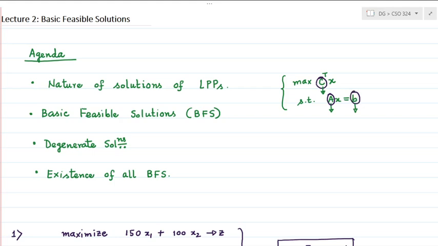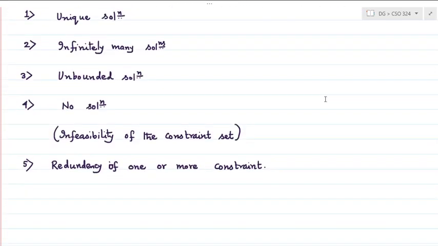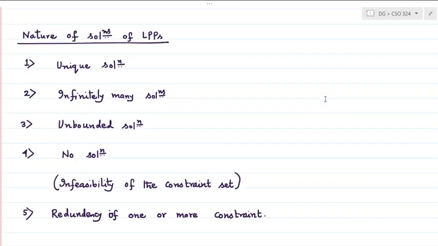So depending on these three, which are the known or given information of a linear programming problem, let us now try to identify in which category out of the five the given problem will fall.